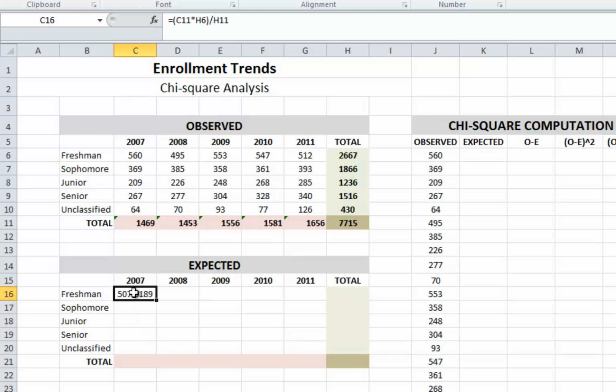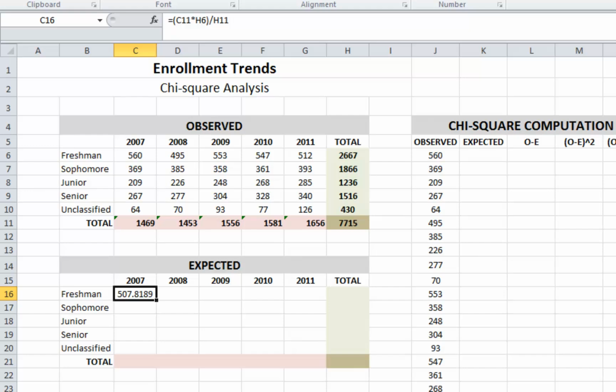Now we're going to go back up to this cell. We want to be able to use the autofill feature, so we do not have to do that each and every time. So let's say I wanted to fill in the column below 2007. What is going to stay the same and what is going to change in our formula? Well, we know that our grand total is going to stay the same because it's always the same, 7715.